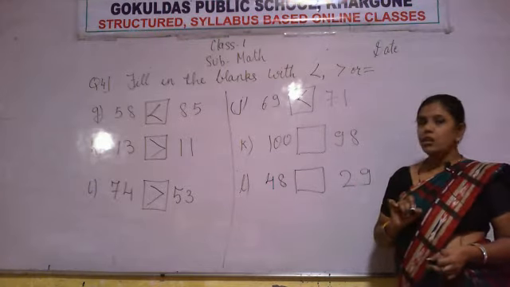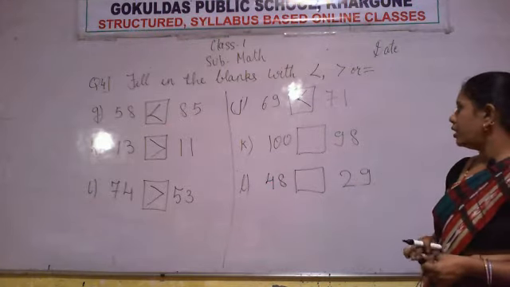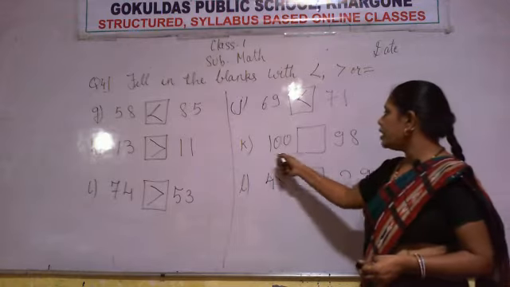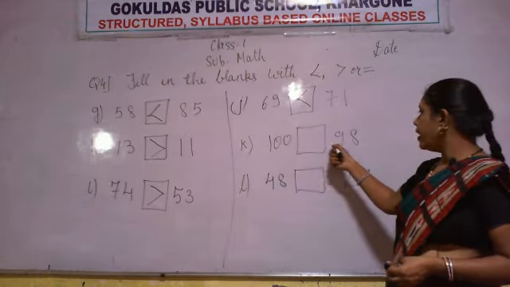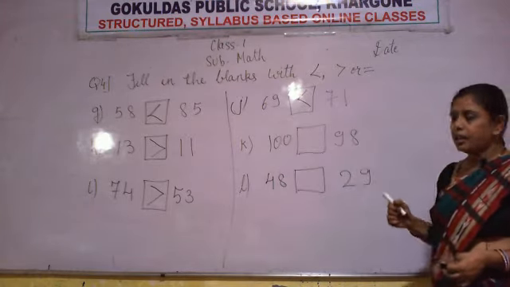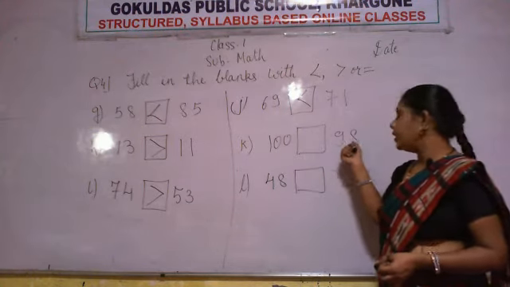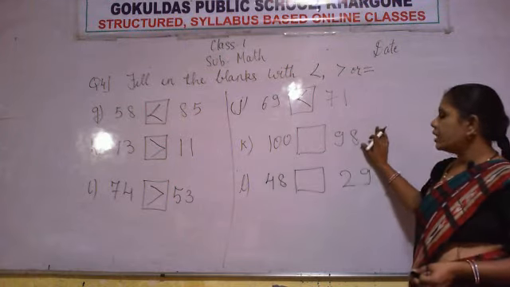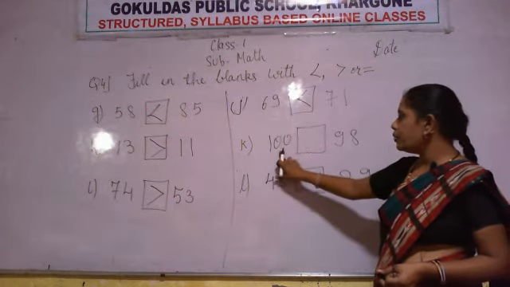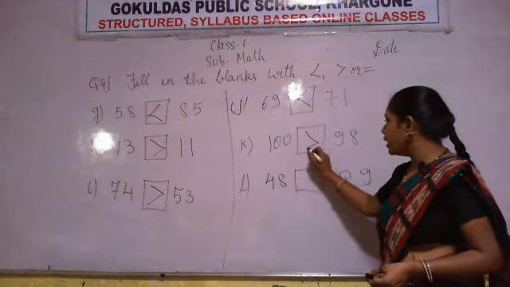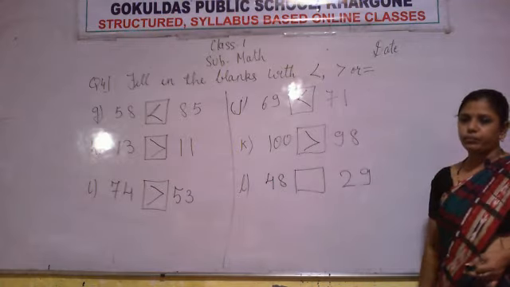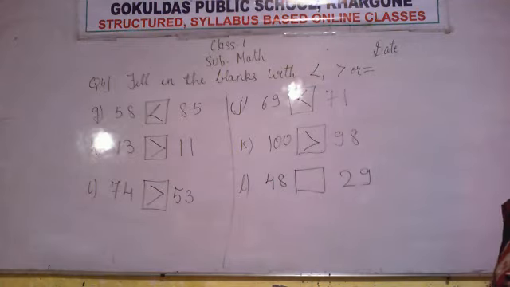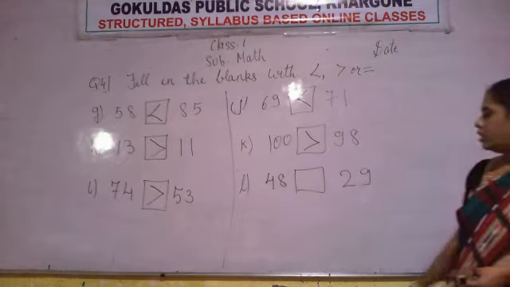Now the next question, K. 100 and 98. The bigger number is 100 and the smaller number is 98. So this is the bigger number, therefore the sign of greater than will come. Now see the last question.